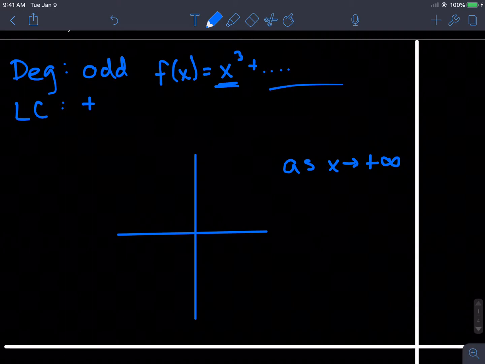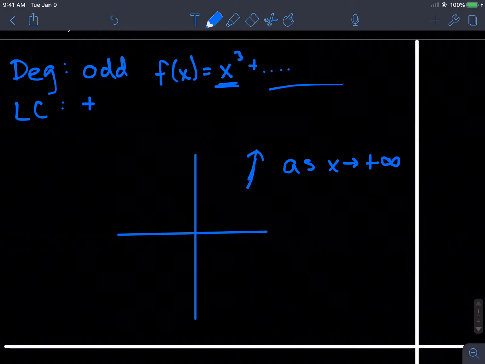Because when we get to really large numbers, x cubed is going to be so much bigger than x squared or x or that constant term. So those hardly have any effect on the graph further out. As we plug in large positive numbers, cubing those positive numbers is going to give us large positive numbers. So as we go out to the right, this graph is going to positive infinity.